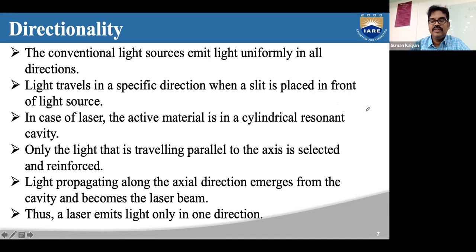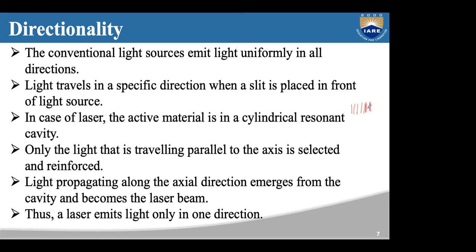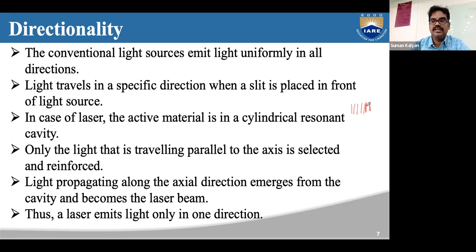When we put the slit or the diffraction grating, we have seen the fringes, right? There will be a dark spot in between. Of course, we have used laser light instead of a normal light.